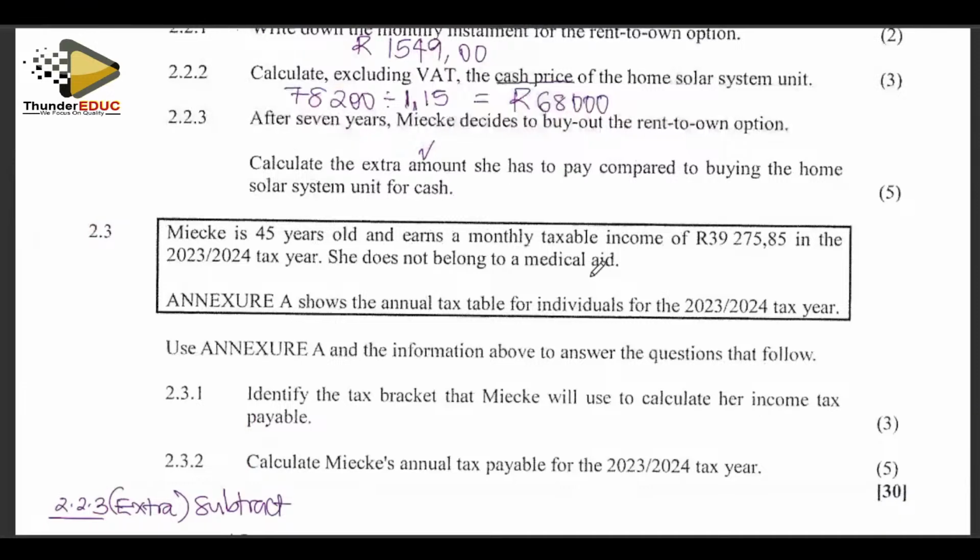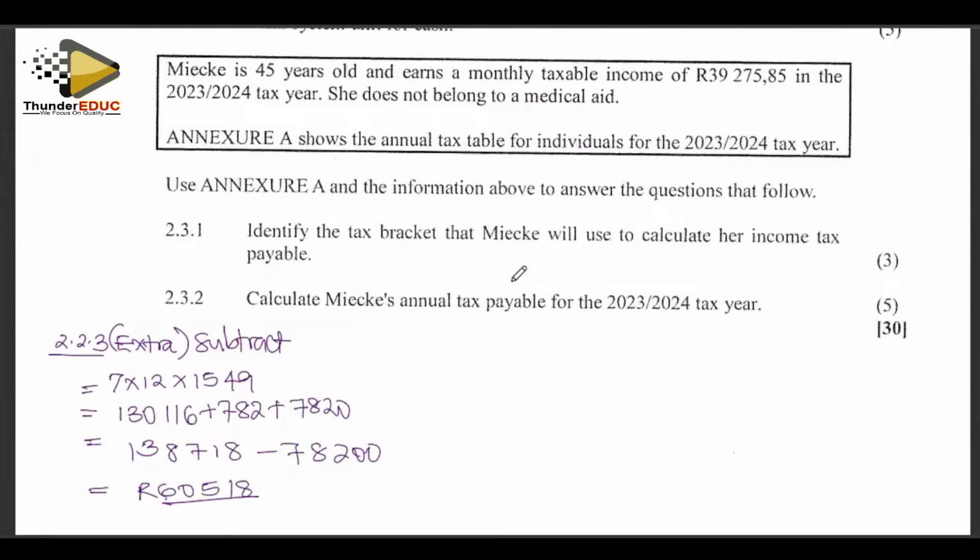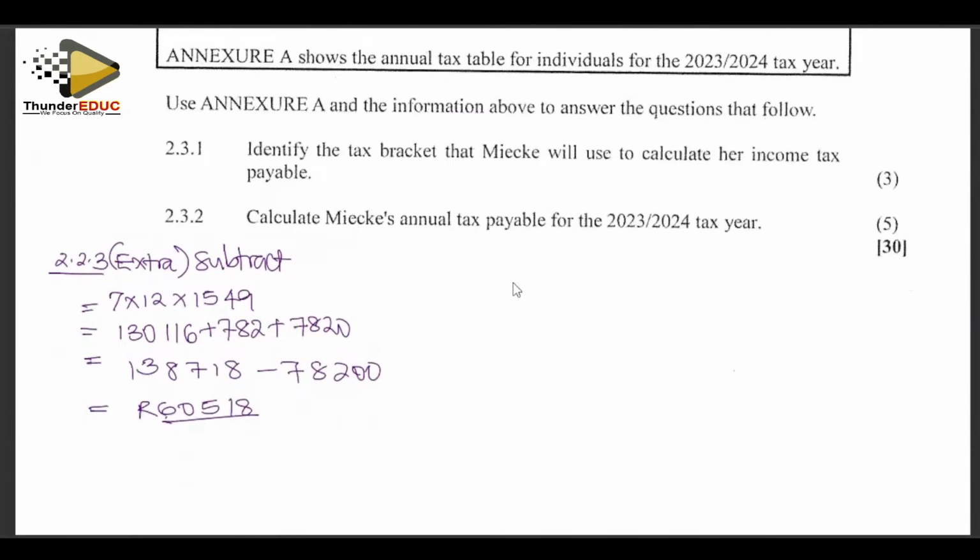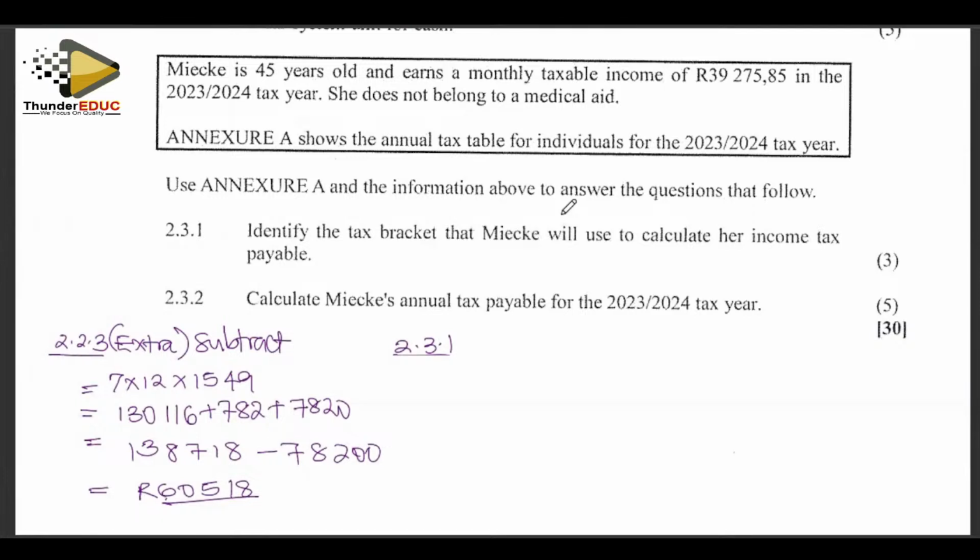Let's look at question number 2.3.1. It tells us to use annexure A. But before we go there, let's see. Maki is 45 years of age. She earns a monthly taxable income in the 2023/2024 tax year, already taxable, so you don't need to look for taxable income.